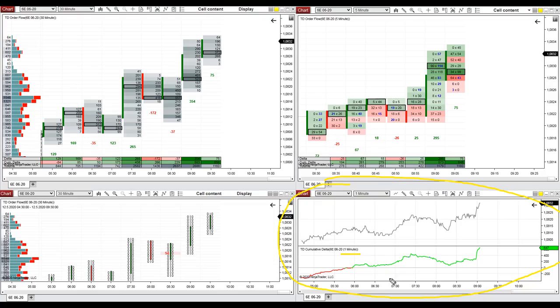In here I look for the divergences. Now I also use other charts like volume profile chart, but this is the best I could fit in one screen which I'm able to record. I'm only able to record one screen, so this is the most important stuff, at least if you want to use just the order flow. So that's what I'm going to be showing you in those videos. Alright, so let's get started with the first example.